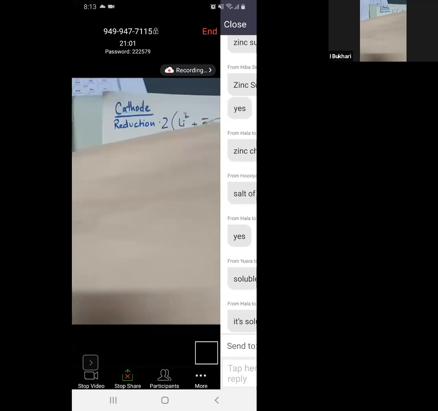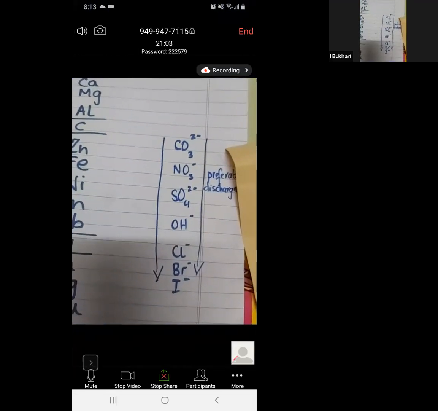Look at this. These ions will preferentially stay in solution: carbonates, nitrates, sulfates. But if you have these halides, and if their concentration is greater, then they are released at the anode. So be careful.